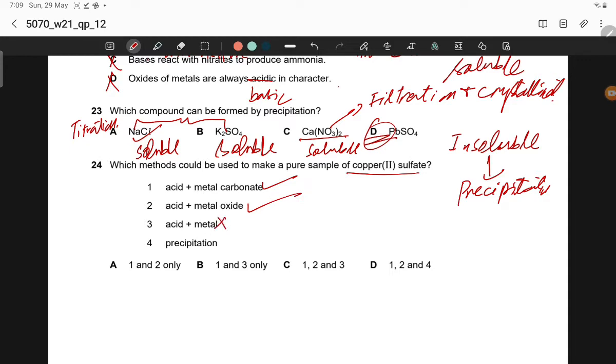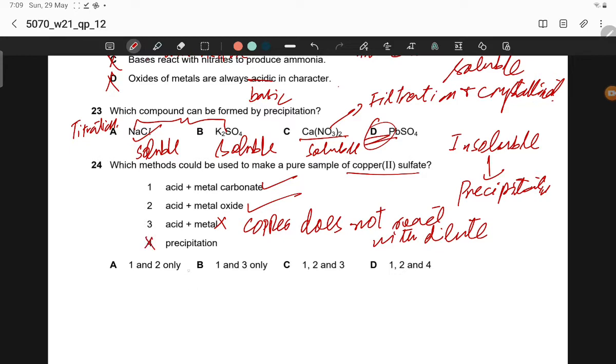Acid plus metal is not possible, because copper does not react with dilute acids. Precipitation is not correct, so the best option is 1 and 2. So A option must be correct.